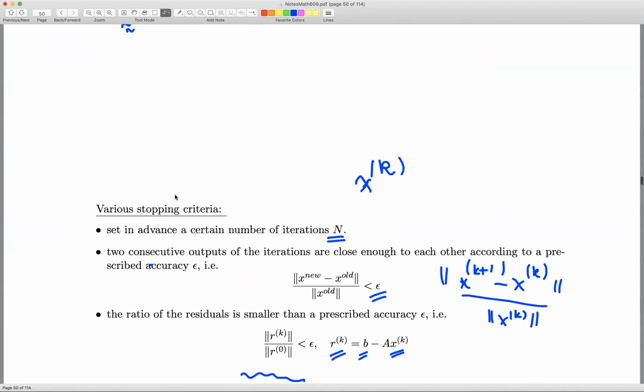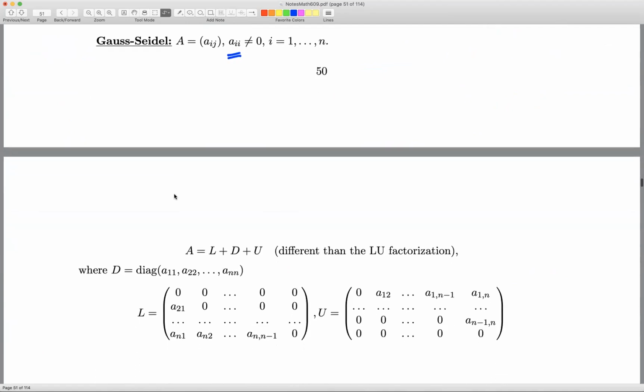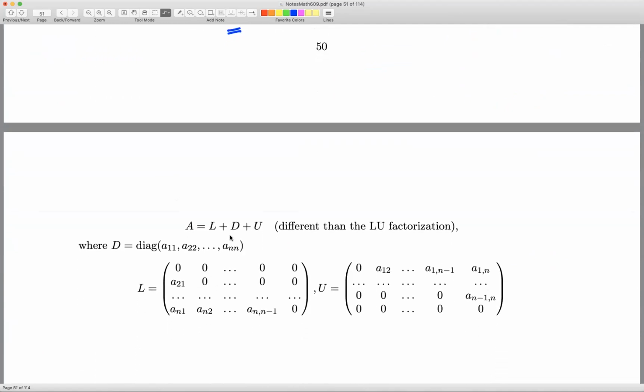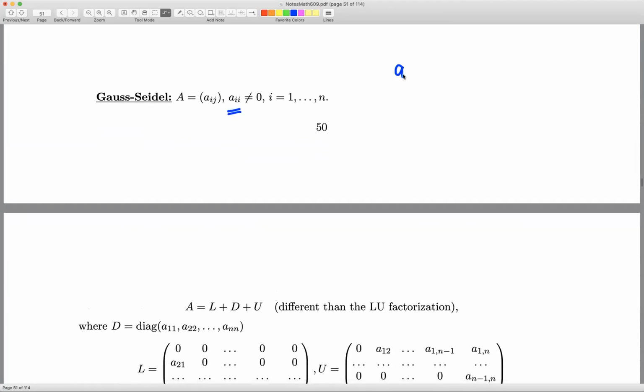So we represent the matrix A again as L plus U plus D, where again D is the diagonal matrix of the original matrix A. So if the matrix A had components A11, A12, and so on, A1n, A21, A22, A2n, and so on, AN1, AN2, ANN, what would be the matrix D?